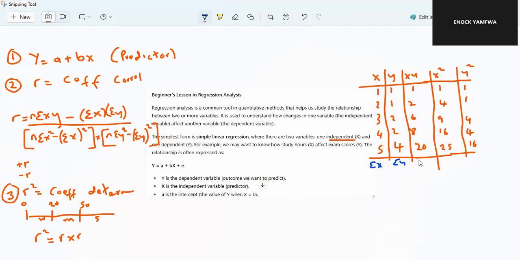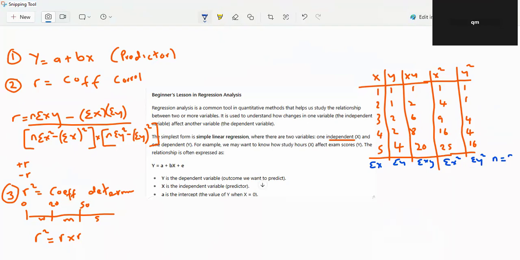Summation of XY, then summation of X squared and Y squared. Then what is our N? N is 5, the number of rows.